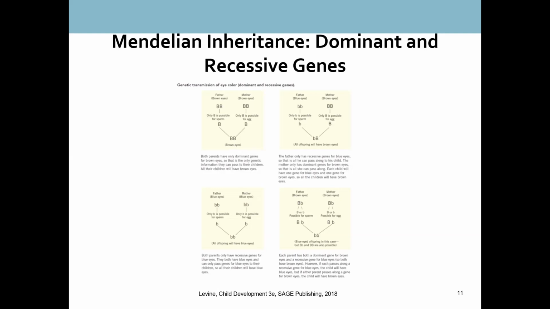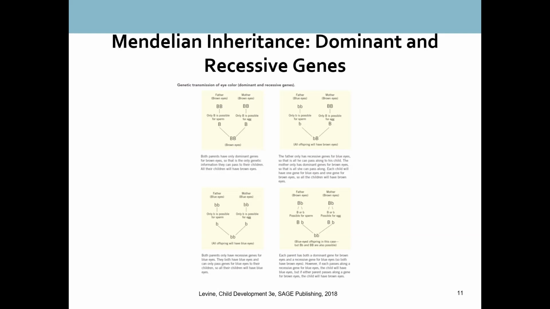So in the first figure on top left, both your parents carry a pair of brown-eyed genes. They both have a pair of brown-eyed genes in their chromosomes. So every single child they ever have is going to have brown eyes. They're both going to automatically pass a brown-eyed gene because they have no recessive genes.